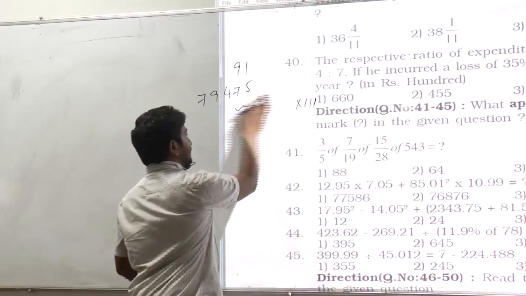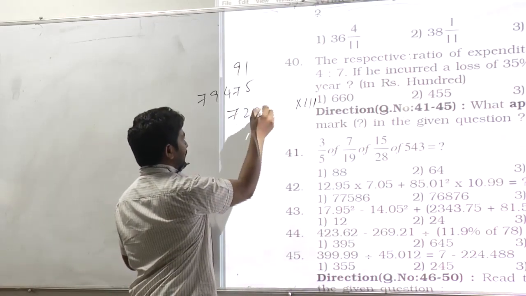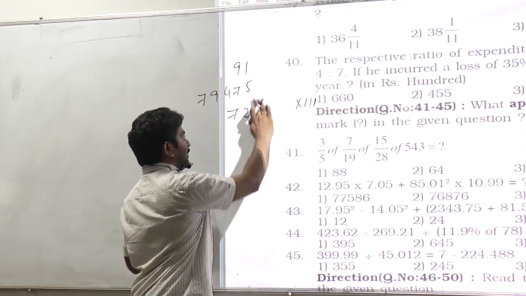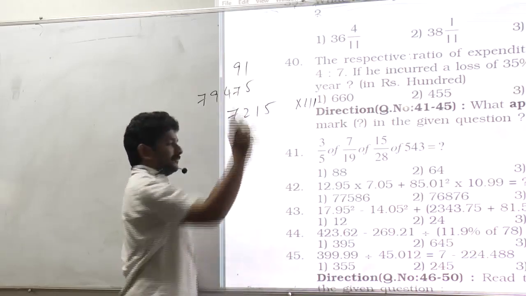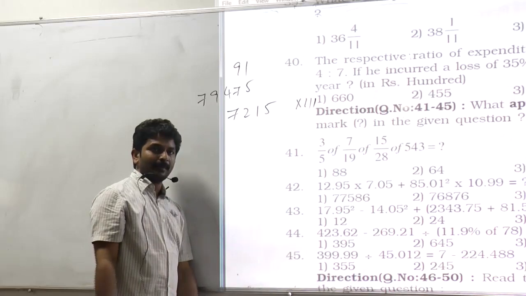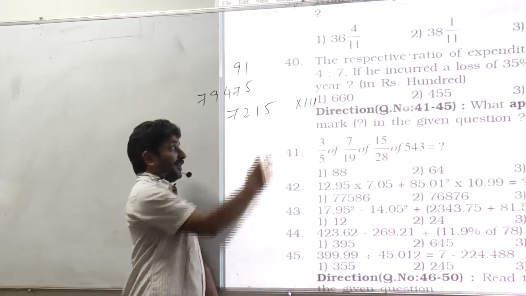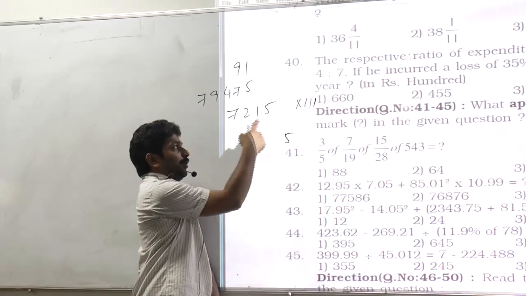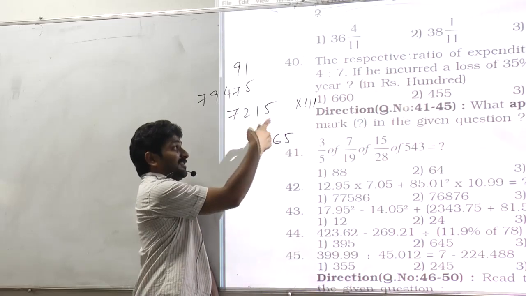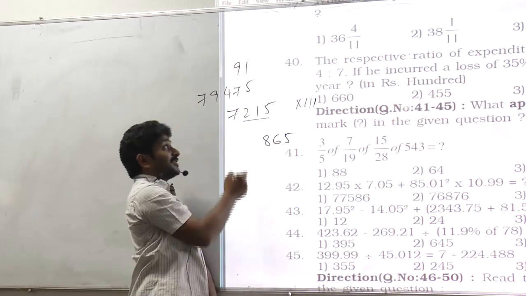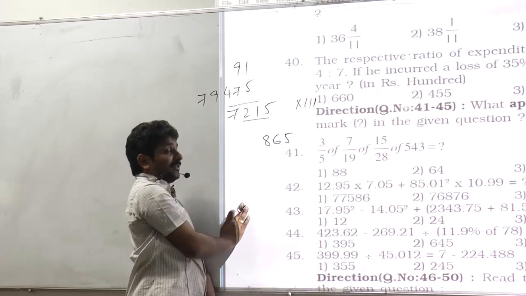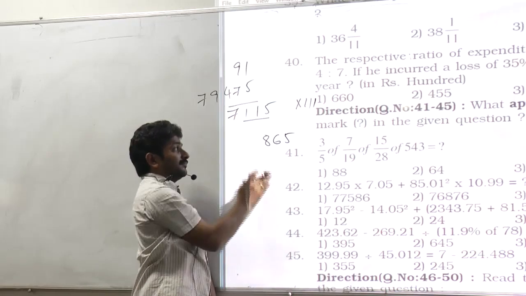Look at this. 7225. Let me take 7215 for time being. Gradually increase to 3 digits. 1 digit is 5, 2 digits 6, 3 digits 8. Next 3 digits 10.